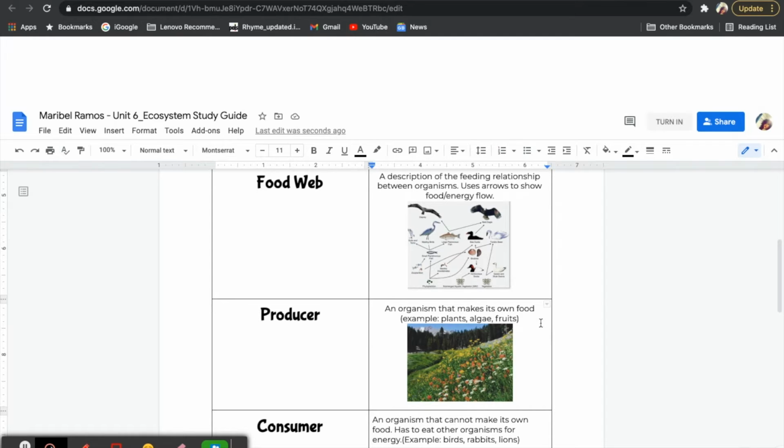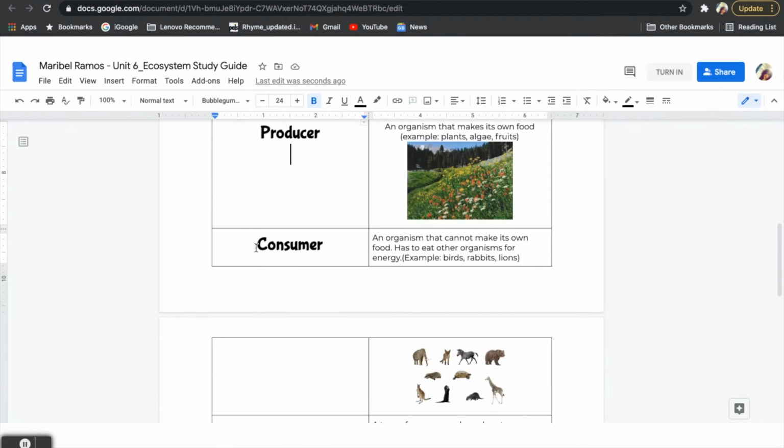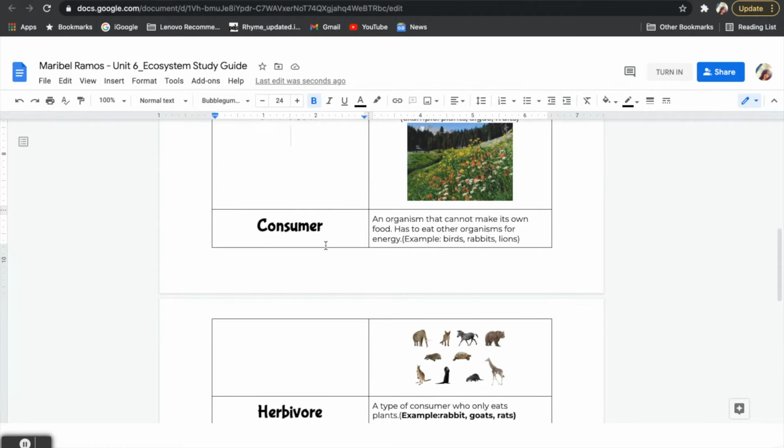When they make their own food, they are able to grow and become food or nutrients for other organisms in ecosystems. And then come consumers. Consumers are organisms that cannot make their own food. They have to consume or eat to get their energy.